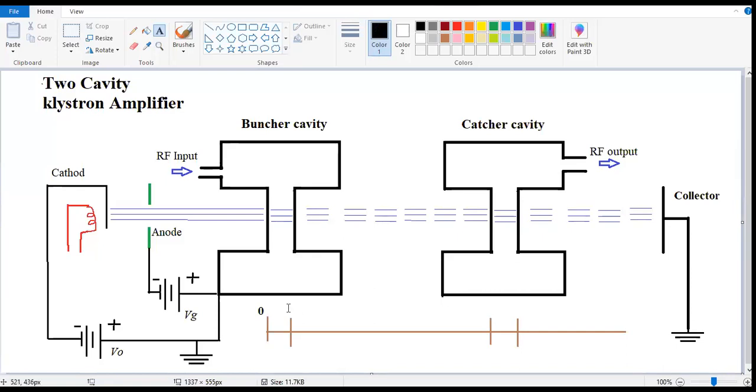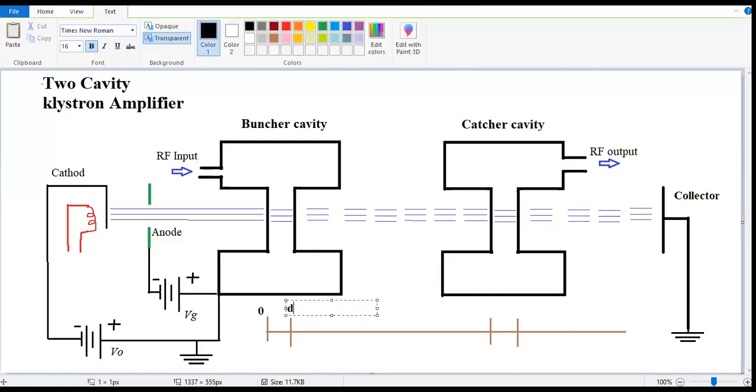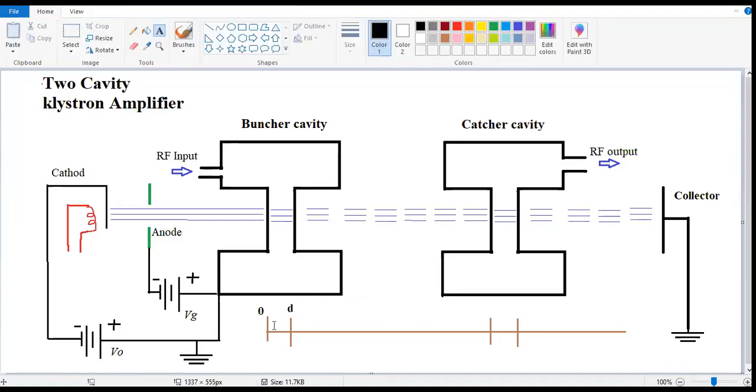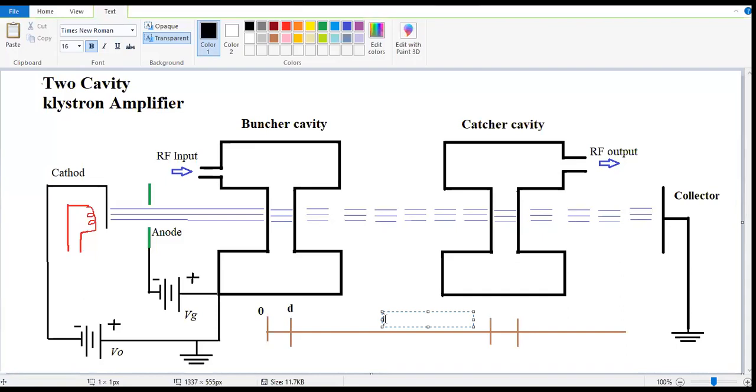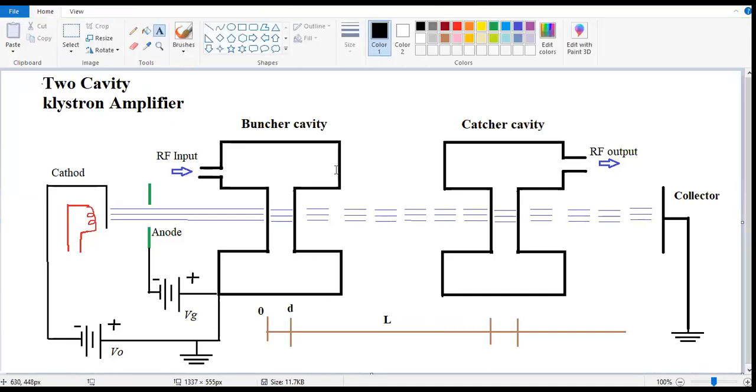And this is at distance d, the distance of the buncher cavity. And on the distance scale, this is distance L, from this point to this point. So distance L is from distance d to here.